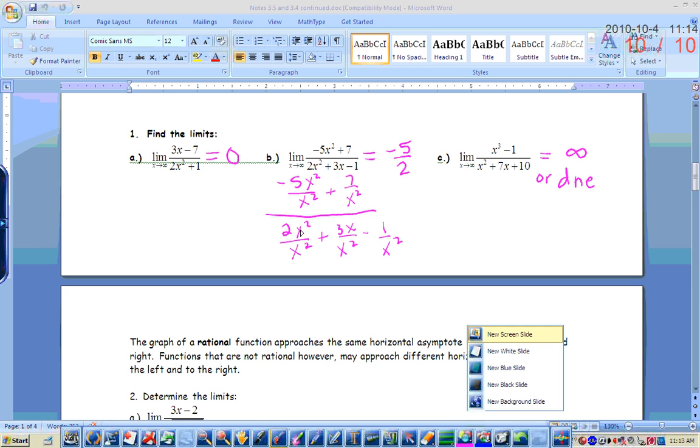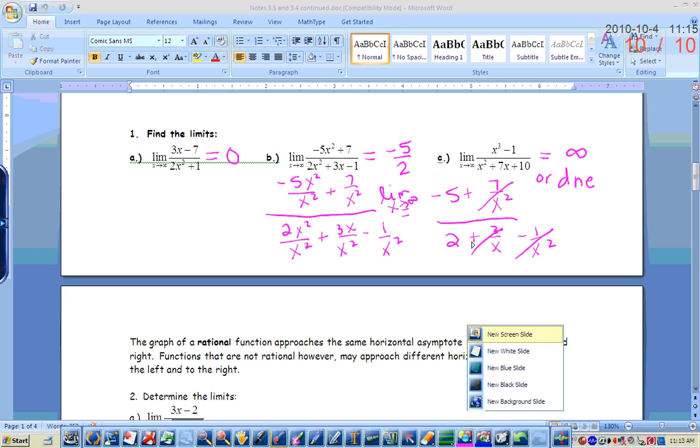Well, the limit as x approaches infinity, well, okay, if you reduce this, then you get negative 5 plus 7 over x squared, over 2 plus 3 over x minus 1 over x squared. And now if you take the limit as x approaches infinity, 7 over infinity cancels out to 0. 3 over infinity approaches 0. 1 over infinity approaches 0.